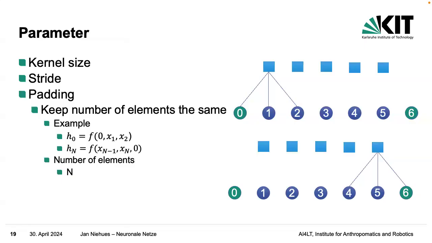We had this example last time that you want to classify each element in a sequence or do something for each element in a sequence, then of course it's important to not reduce your number of elements. By using padding, you can do that, and there are different ways of doing the padding. You can pad with zeros. You can also pad with something learned.